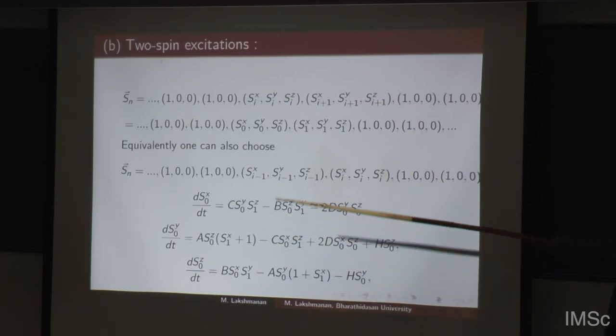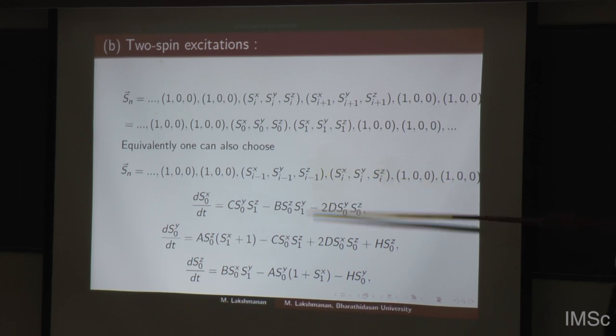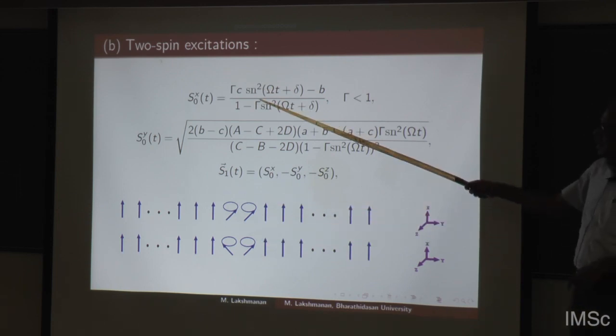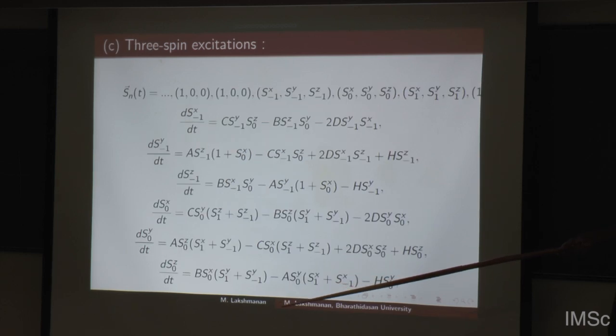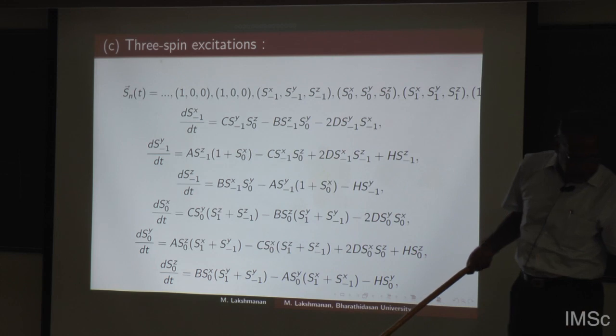Similarly, you can try to extend this to two spin excitations, S_i^z and S_{i+1}^z, and you can solve the resultant equation and obtain exact two spin solutions, etc. Similarly, you can extend this to three spins. Are those solutions stable in time? Yeah.